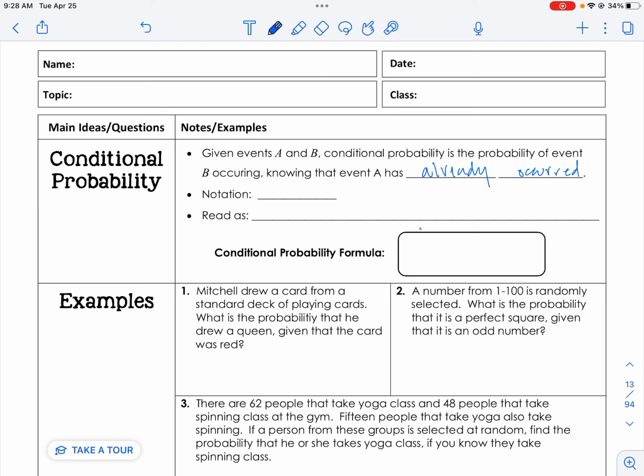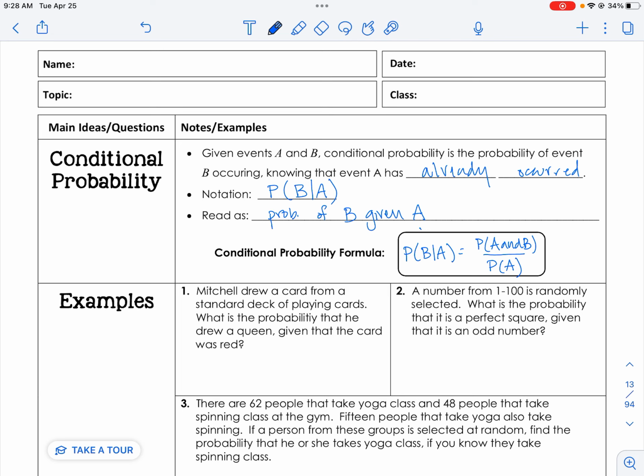In other words, the notation for that is probability of B line A, and that's read as the probability of B given A. The formula for this, the probability of B given A, is that I'm looking for the probability of A and B over the probability of A.